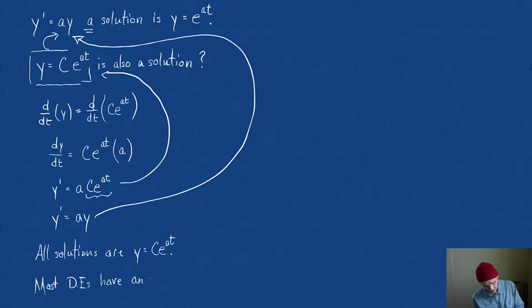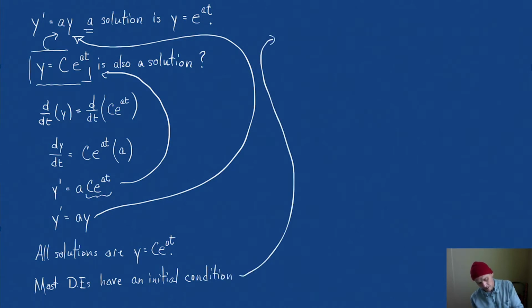Have an initial condition, and it's usually at time of 0. I'll write all that. At time of 0. And so we'd write t equals 0.